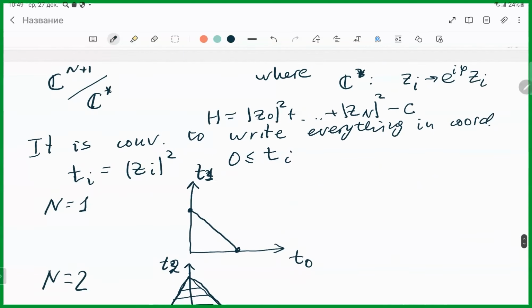Here I considered only absolute values of these, but they have phases. To draw a phase, I just draw a circle.